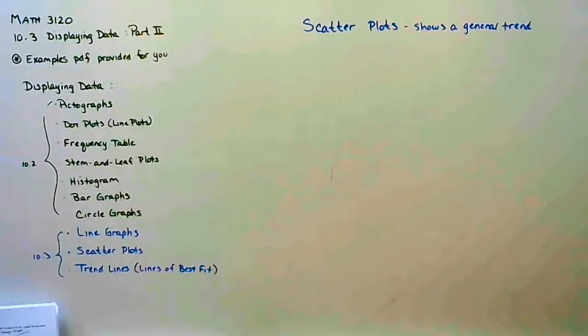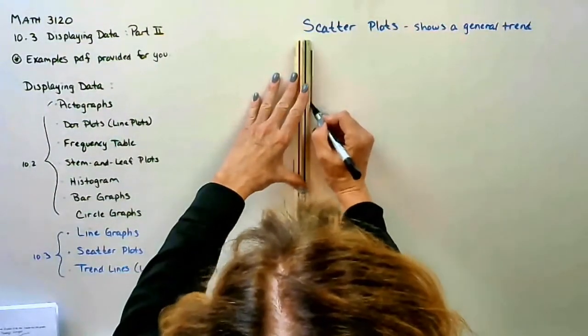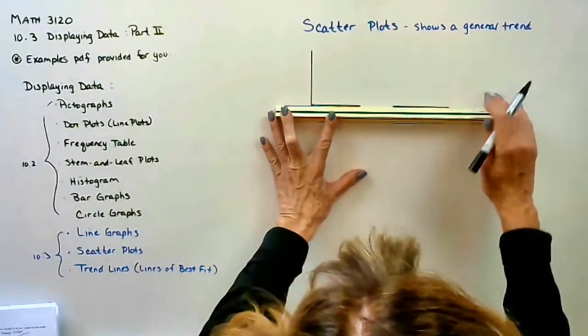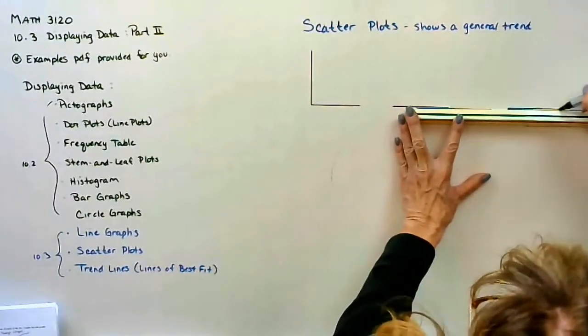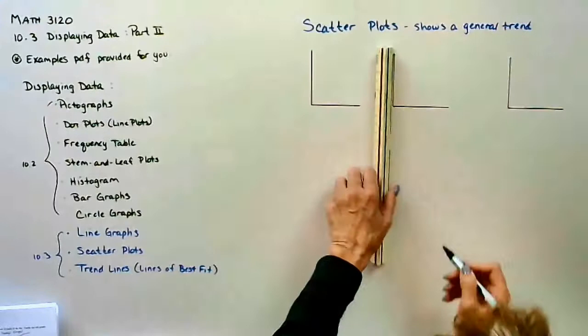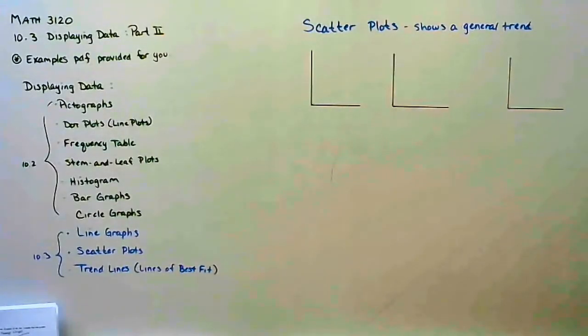And we have three different versions. We have a positive correlation, a negative correlation, or no correlation. So you'll notice I gave you three graphs. Okay. So we'll look at these three possible graphs. And on these three possible graphs, you only have three choices.